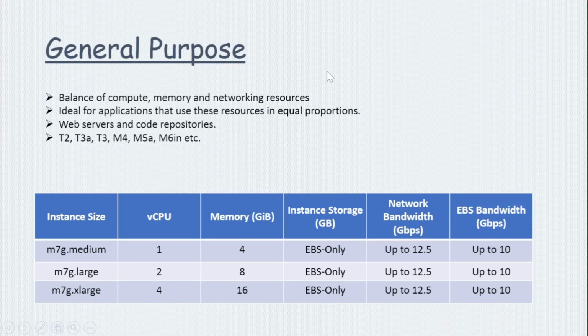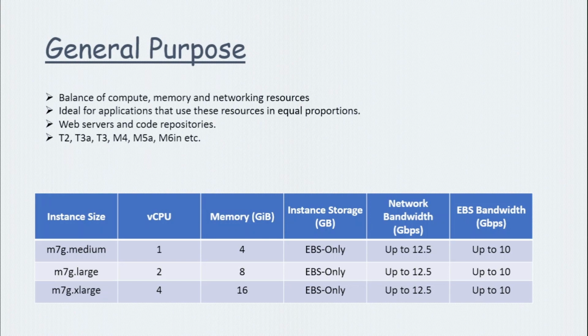So the first category is the general purpose category. In this category of instances, there is a balance of compute, memory, and networking resources. These instance types are best suited for applications that use all these resources in equal proportion.